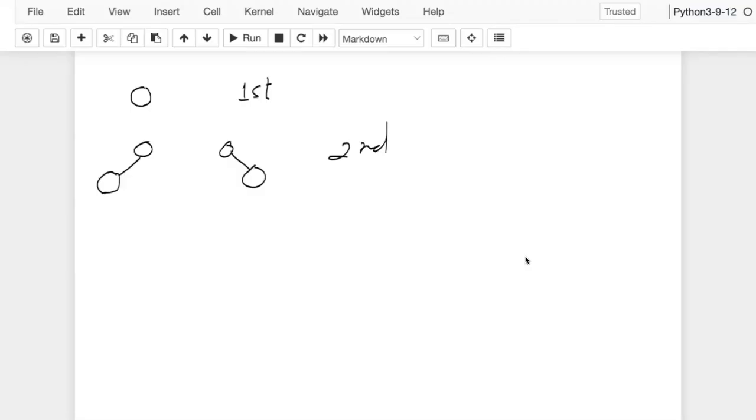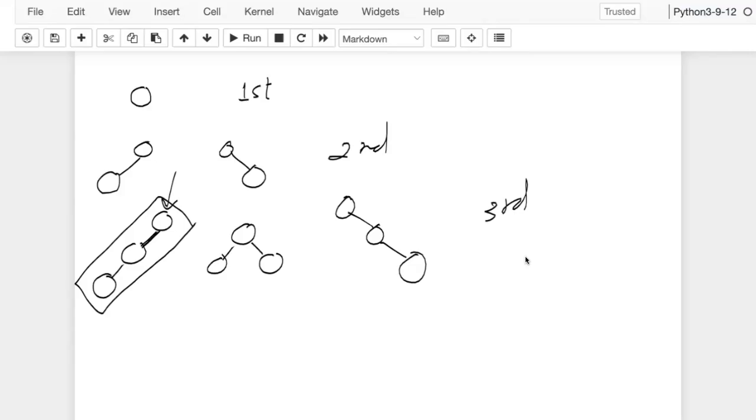And when the third node comes in, then it could have this scenario, which is off balance, or we could have this scenario, which is within balance, or we have this situation that's off balance. In this situation, you just need to rotate this, and then you can move this one up.